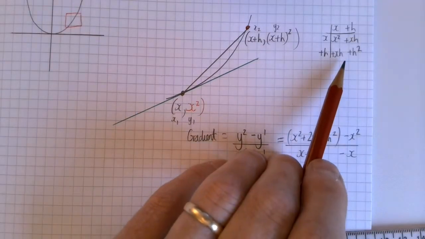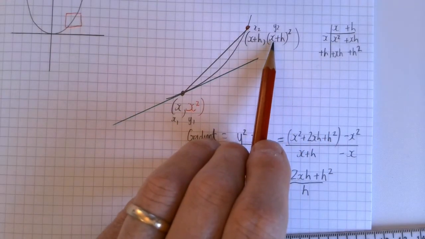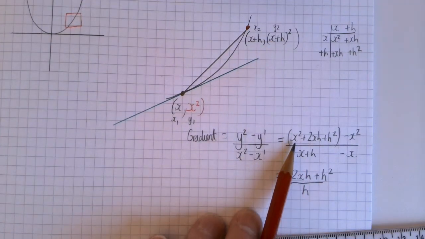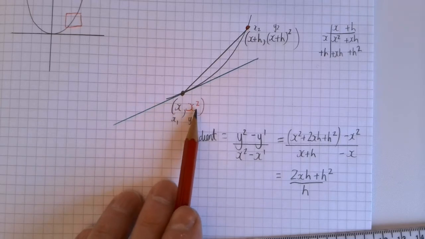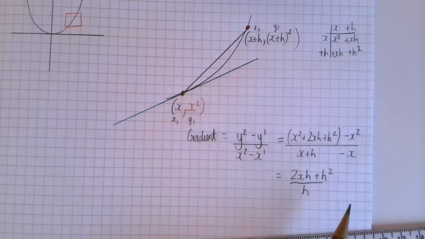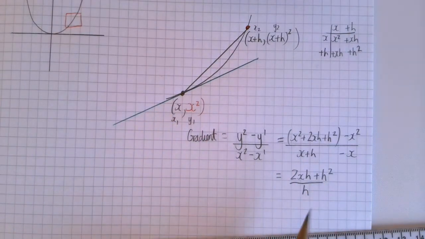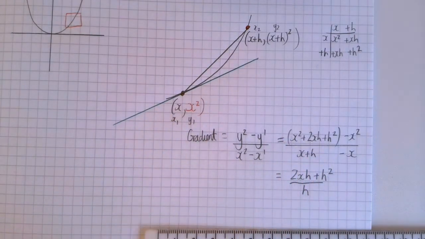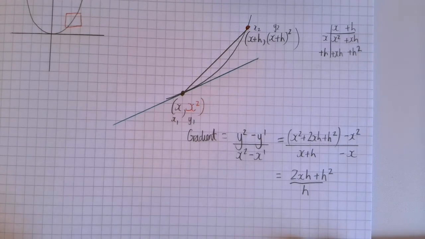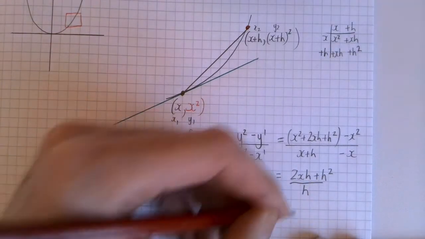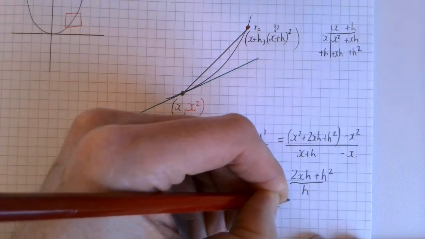So I've gridded that out, and it gave me x squared plus 2xh plus h squared. So I did that, y2, take away y1, so that's top, and on the bottom I've got x2, take away x1. And it simplifies quite nicely. Some of you might have even realised you could go further because everything has got an h, so I can divide everything by h.